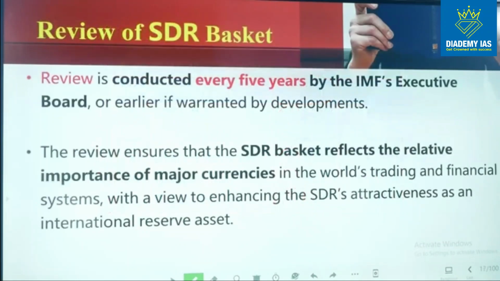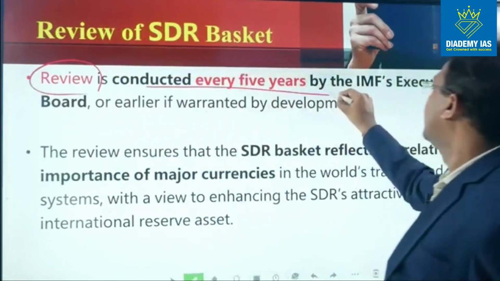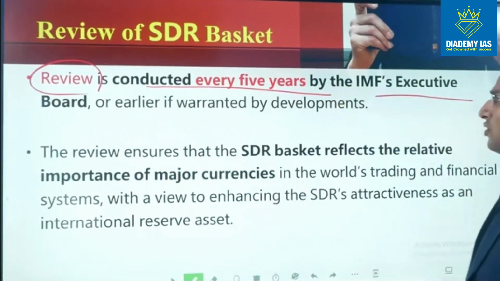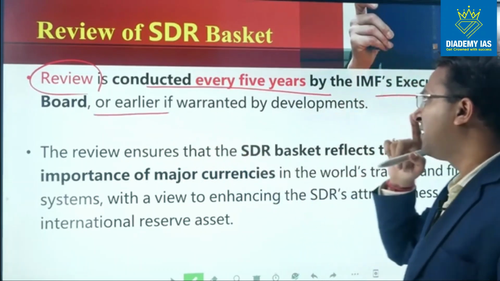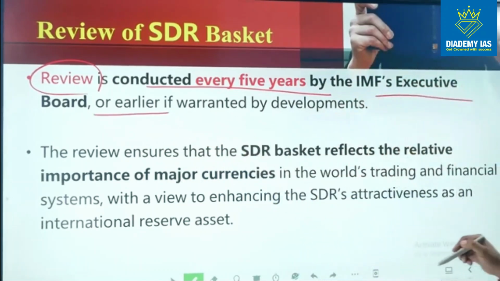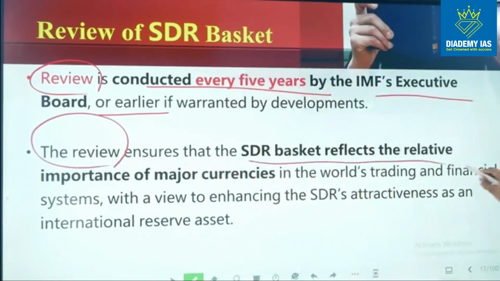This weightage is reviewed every 5 years by the IMF's executive board, or it can also be reviewed earlier if warranted by developments. What is the purpose of the review? The review ensures that the SDR basket reflects the relative importance of major currencies in the world's trading and financial system, right?